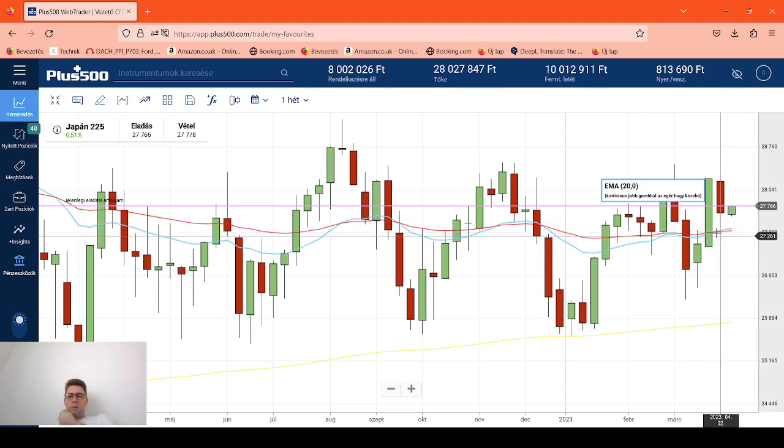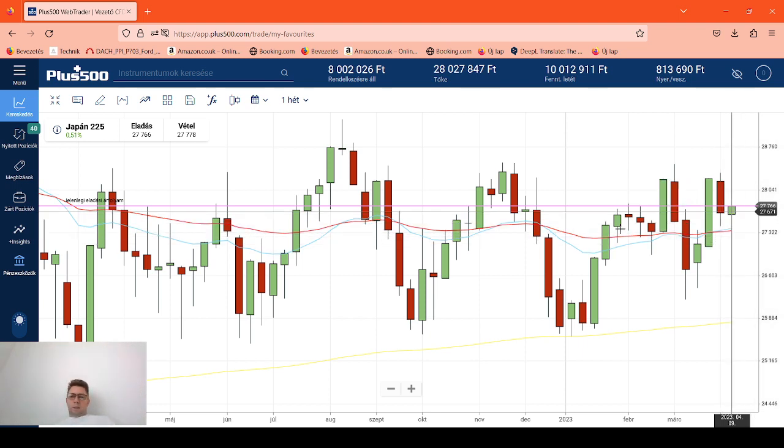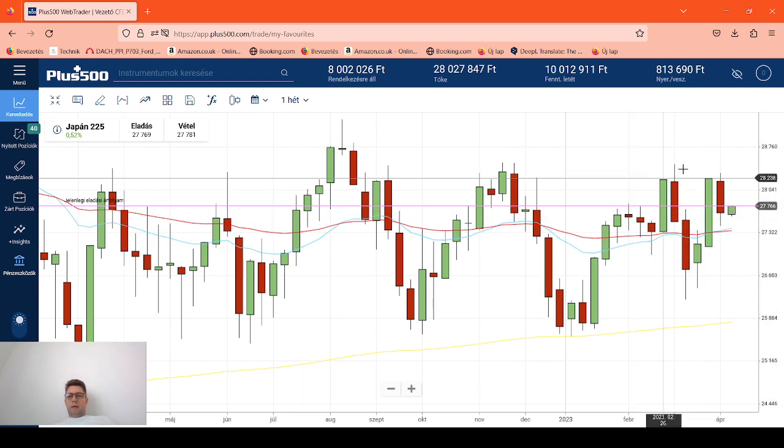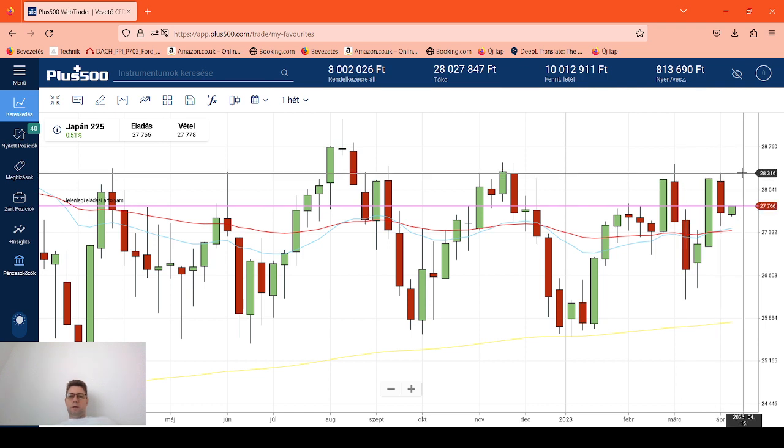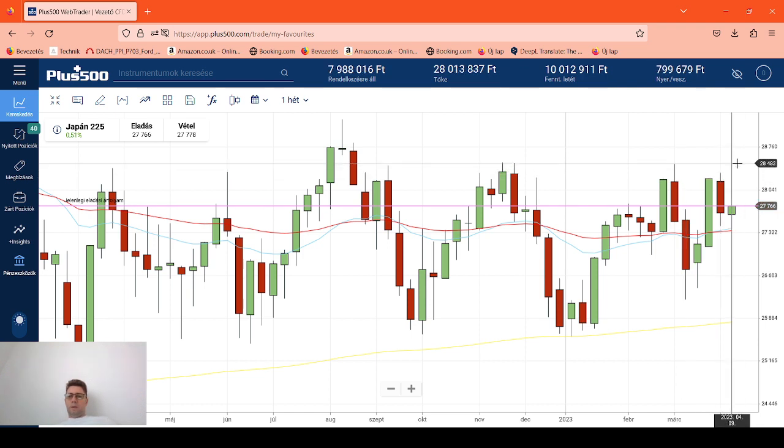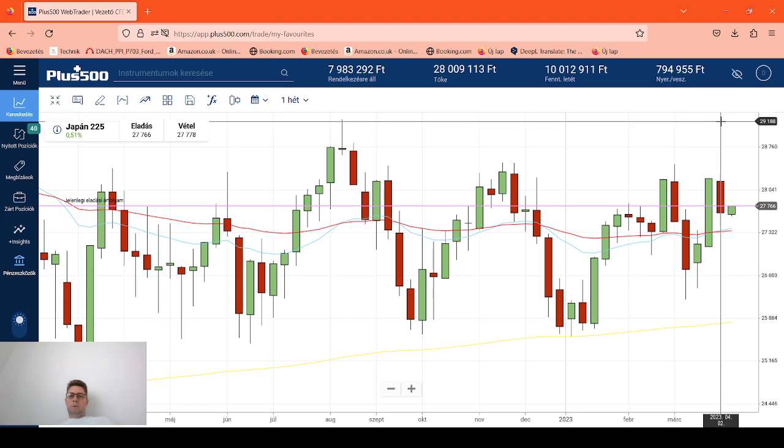We have a golden cross here again. Do we see anything, guys? No. I think we are in this range. We need to break above this area, and then this area, 28,480. Once we are above there, we will probably get to 30,000.